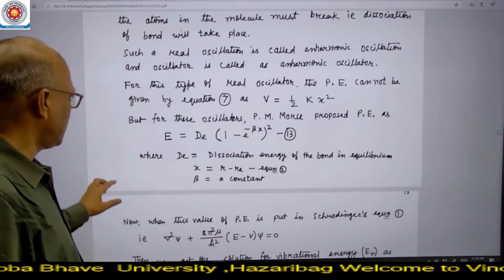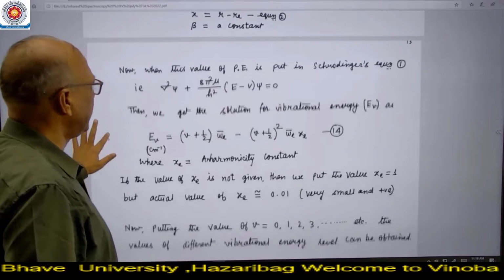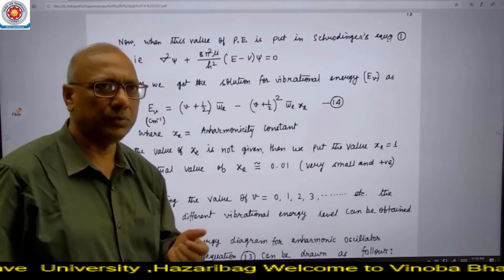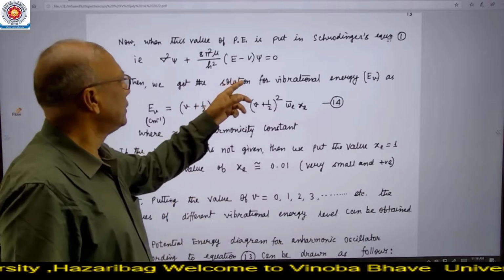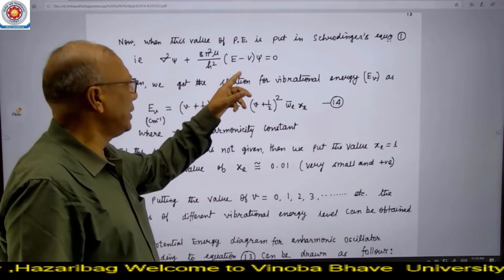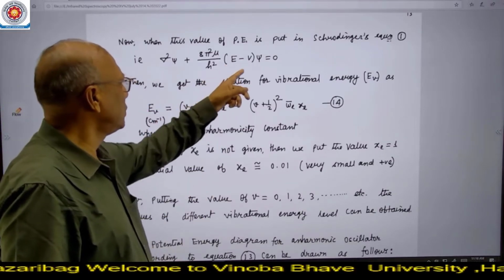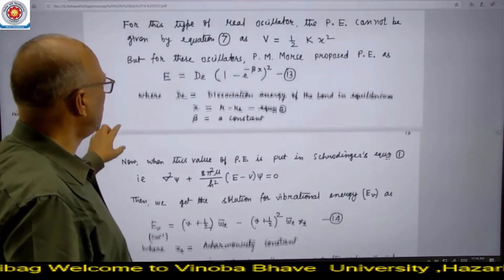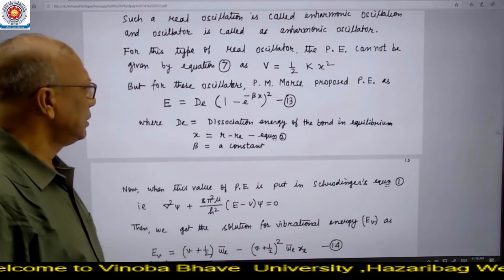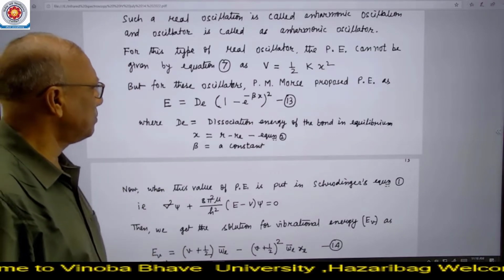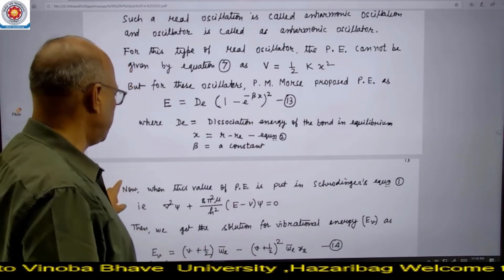Now in the case of a real oscillator, that is an anharmonic oscillator, we will have to put the value of potential energy not equal to half kx square, but we have to put the value of V according to the Morse potential, and that is this value dE times (1 minus e to the power minus beta x) whole to the power 2.